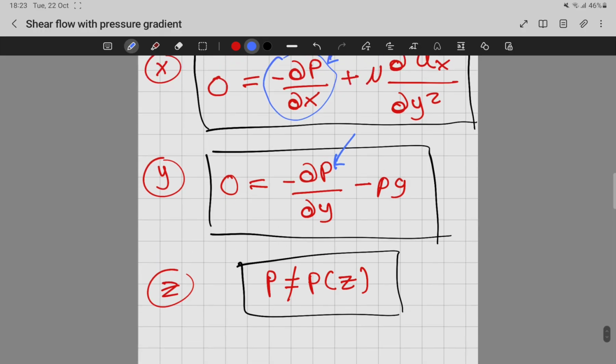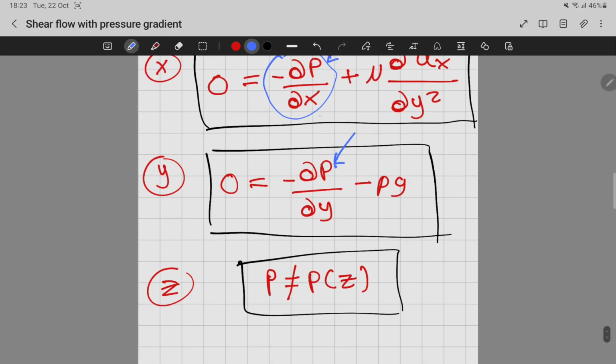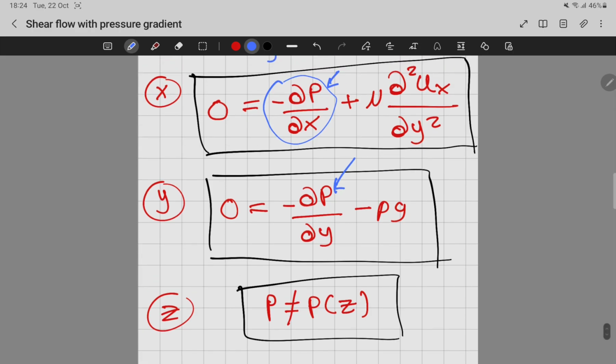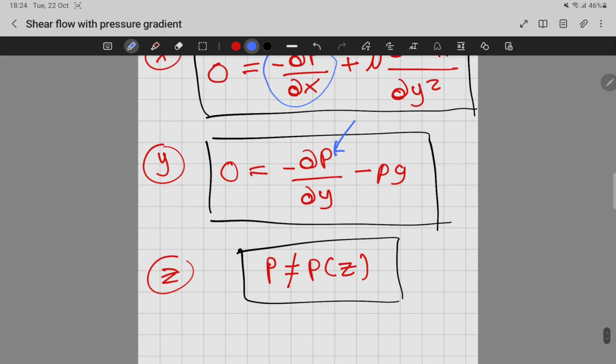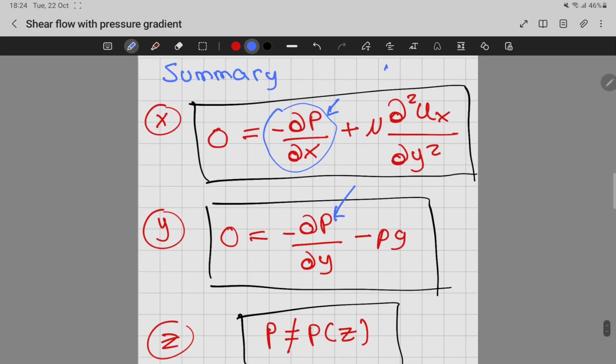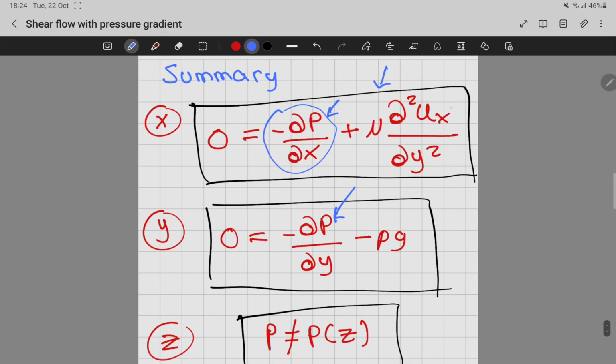The pressure is going to vary in x and y, but we do not care about the pressure term. We need to find ux, so we need to solve this equation, which is a second order ordinary differential equation because ux only depends on y.